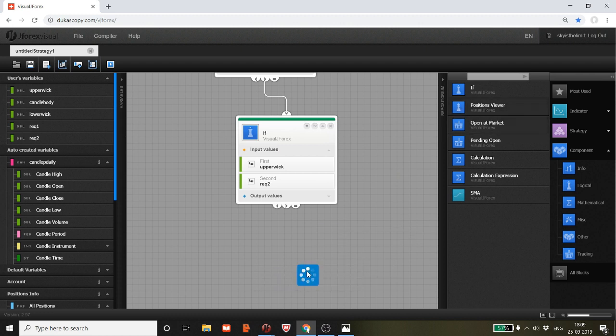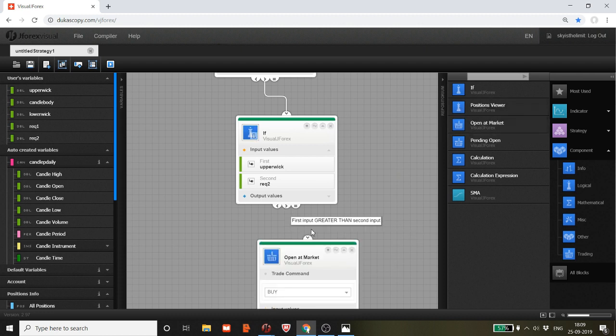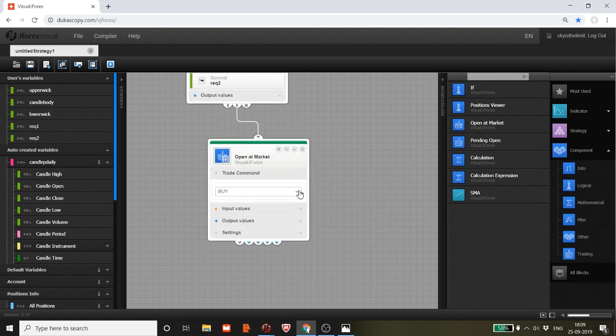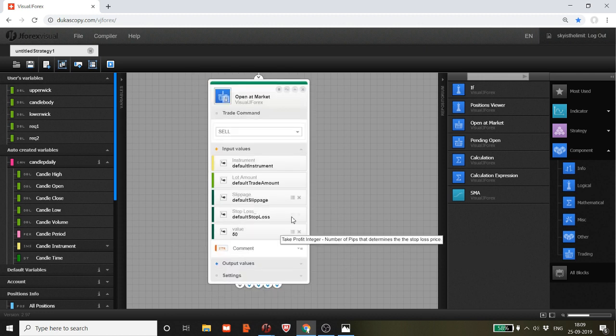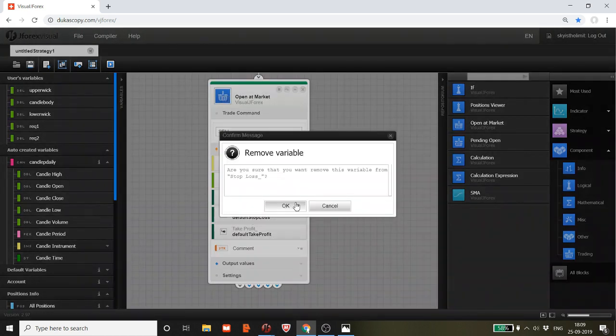Then strategy should execute a sell trade, and the stop loss here I will go for 50 pips.